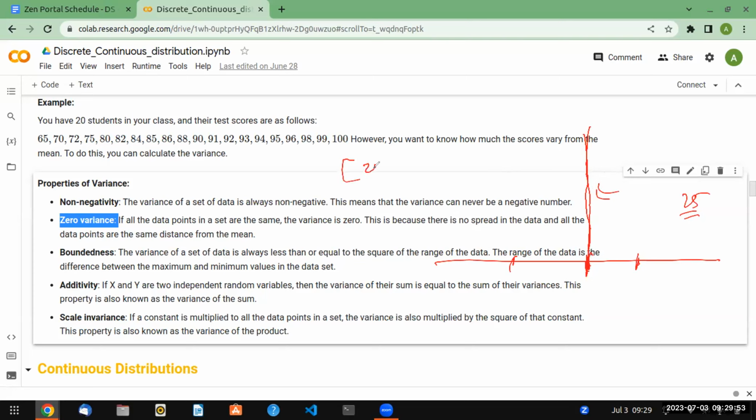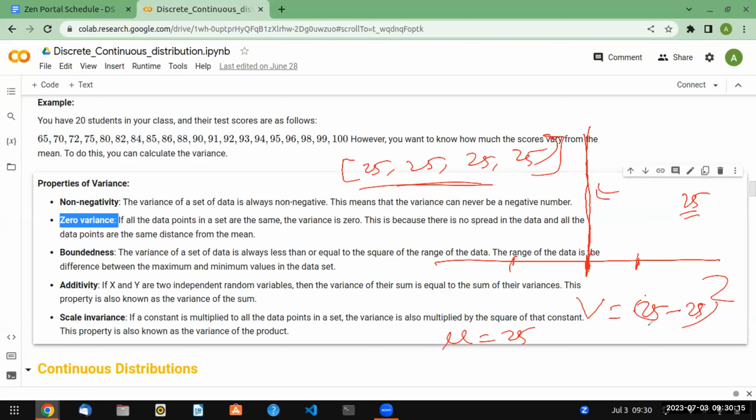Mathematically also you can prove it. Suppose you have 25, 25, 25, like this. Now if we take the average, what will it be? 100 by 4, 25. Again 25, so mu will be 25. Now you put it in the variance formula: xi is 25 minus mu, also 25, squared, plus again another 0, and so on.